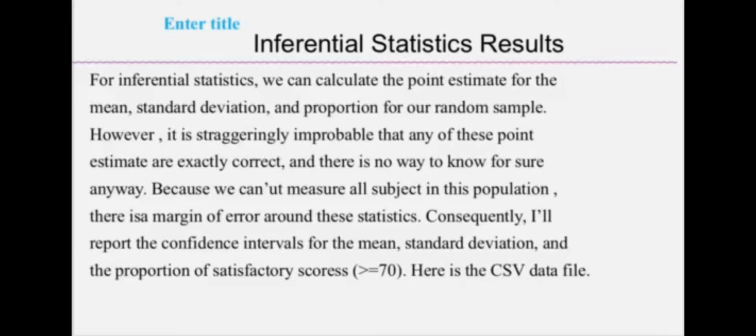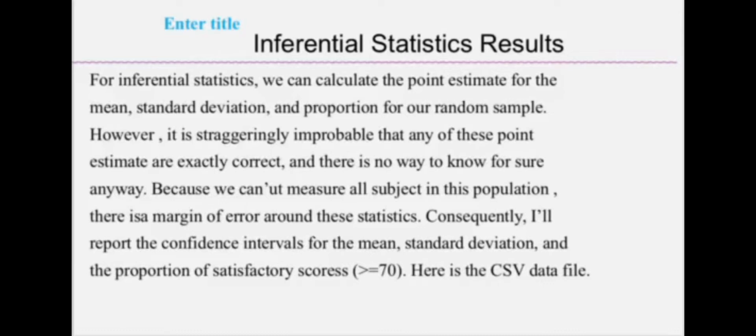And there is no way to know for sure anyway, because we cannot measure all subjects in this population. There is a margin of error around these statistics. Consequently, I report the confidence interval for the mean, standard deviation, and the proportion of satisfactory scores.